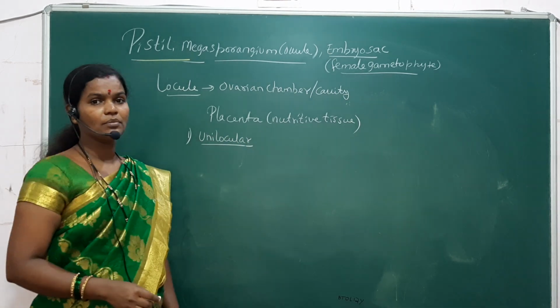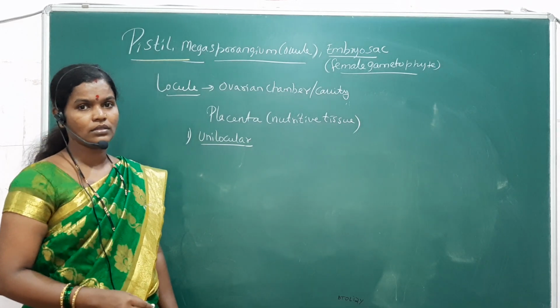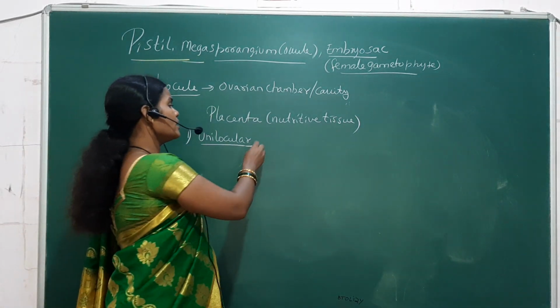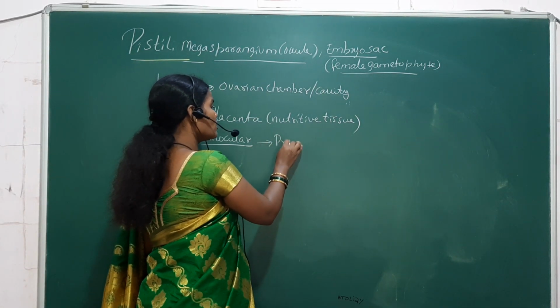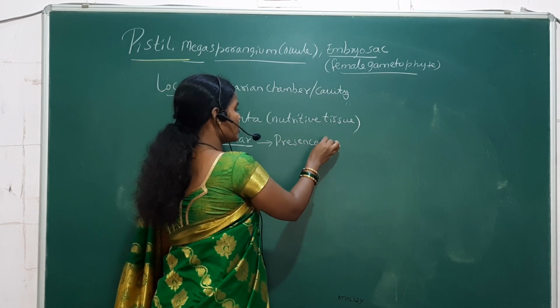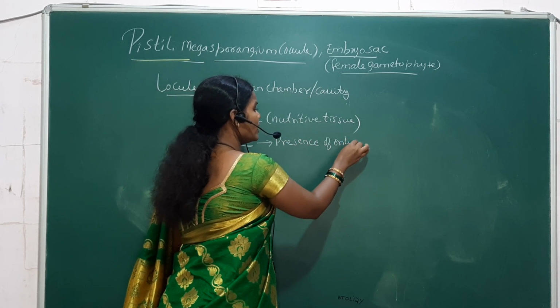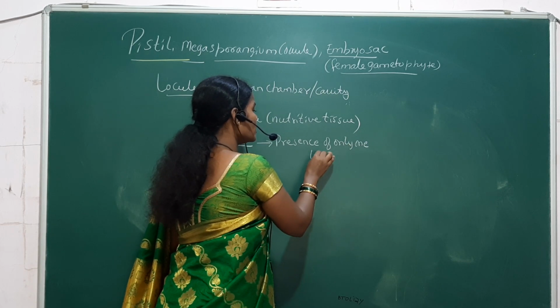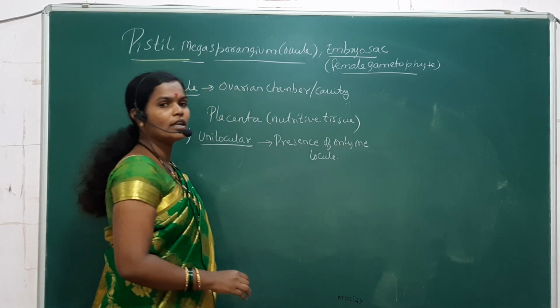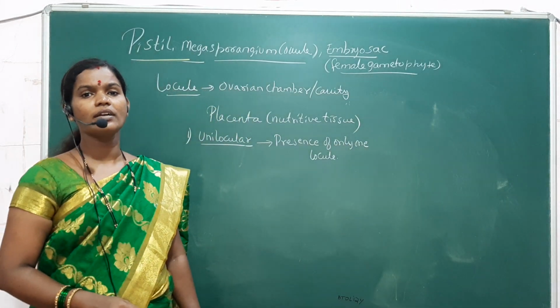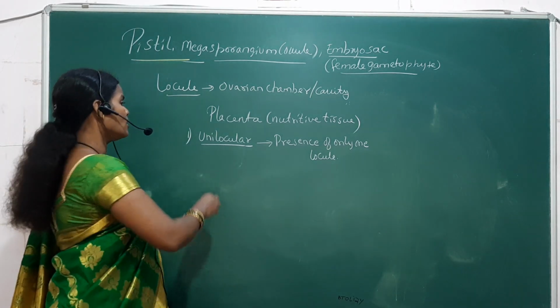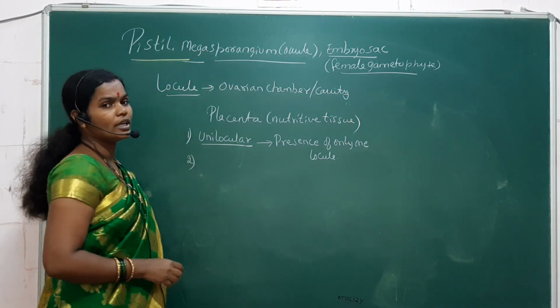The very first type is unilocular. What is the meaning of unilocular here? Presence of only one locule is called unilocular.